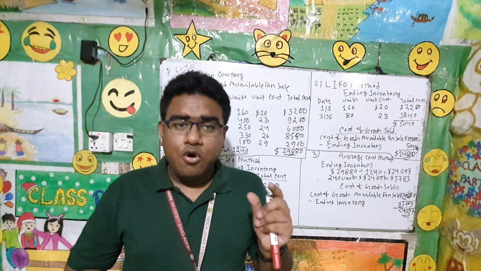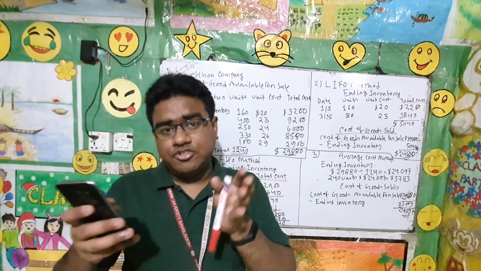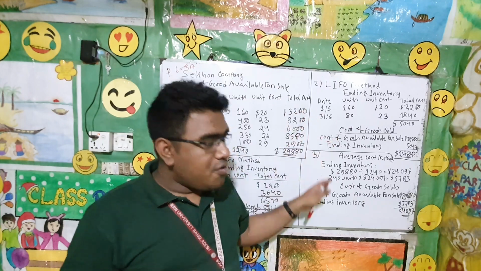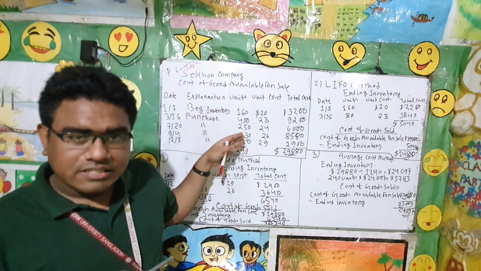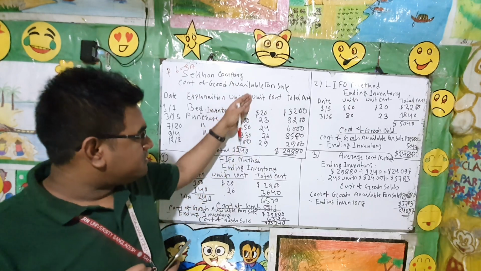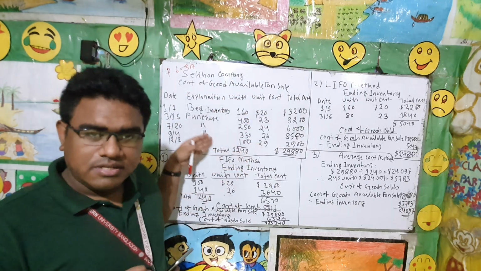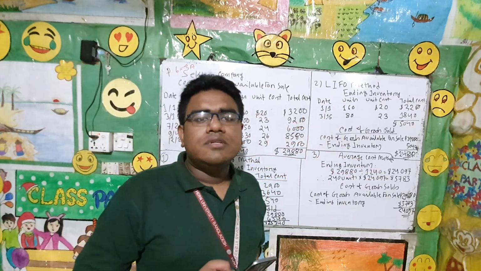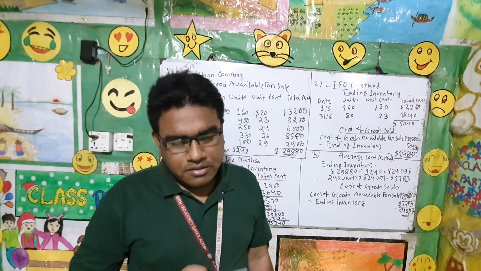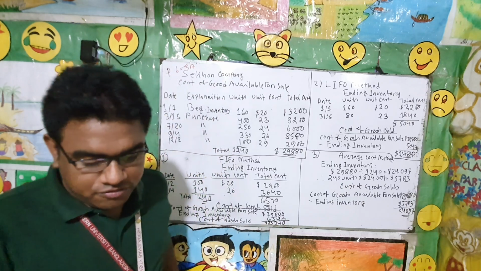I hope you all have the concept about the stock, the inventory. Here you have to consider that this is the stock, this is the warehouse, and you have to calculate your inventory cost. So I will read out the question first.